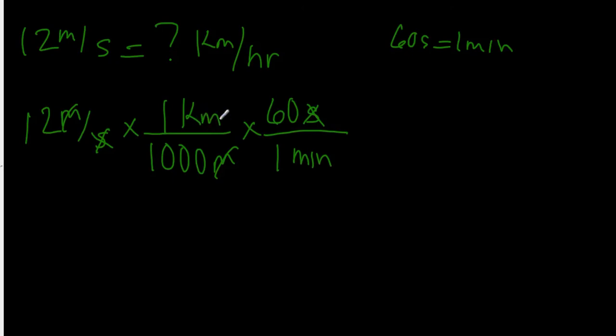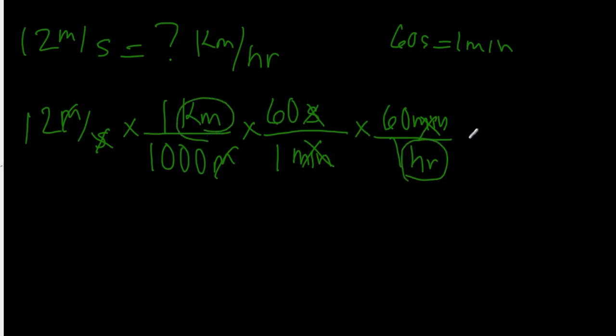Now I have this in kilometers per minute, and I just have to simply say, okay, what about minutes and hours? What's the relationship there? Well, again, there are 60 minutes in 1 hour. And again, those two will cancel off, and I end up with kilometers and hours. So now I'm in kilometers per hour.